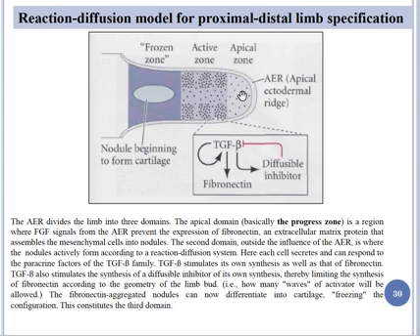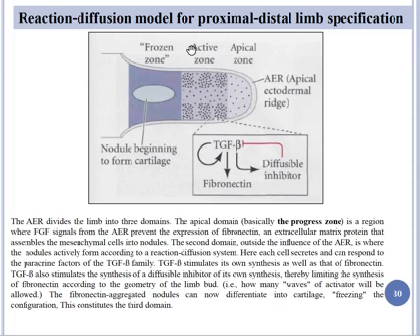But here in this apical zone, the presence of FGF from the AER affects this very close zone under the AER. This FGF will prevent the expression of fibronectin, so we can see separate cells in this zone.